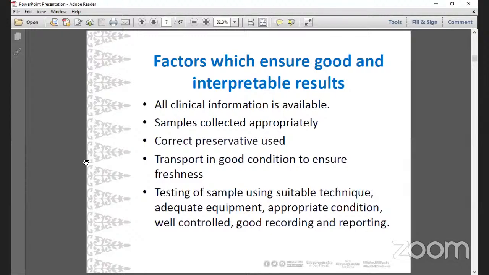So the correct preservative must be used, and when we transport the sample it must be in good condition, it must be fresh, and then the testing of a sample must use a suitable technique, adequate equipment, appropriate conditions, well controlled, good recording, and also reporting.